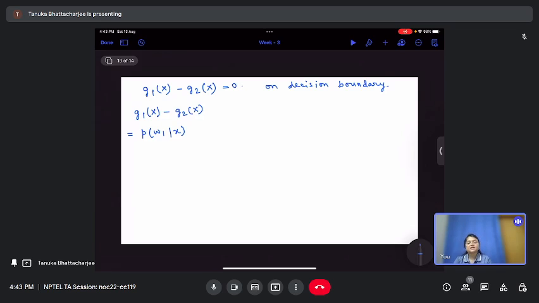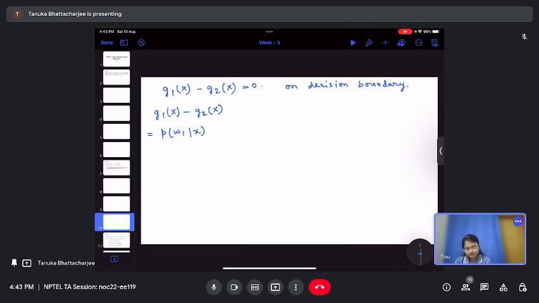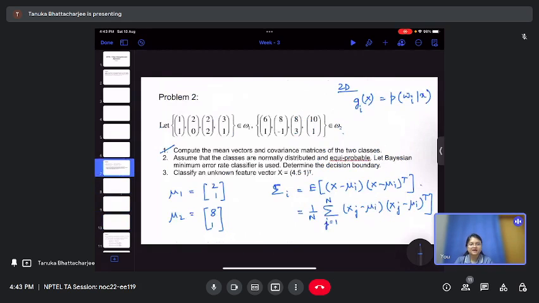So instead of taking this as the discriminant function, we will take the log of this. That will simplify our computation a lot.